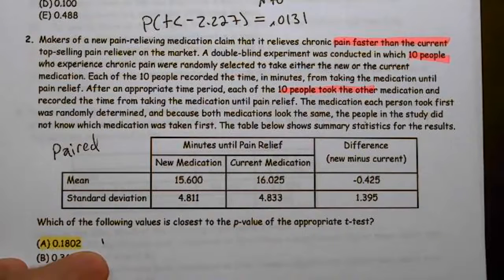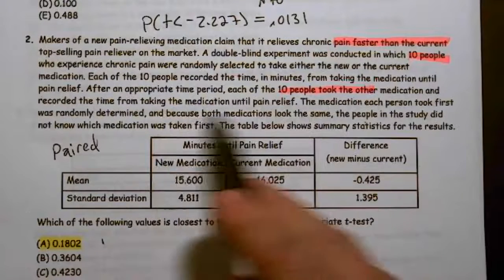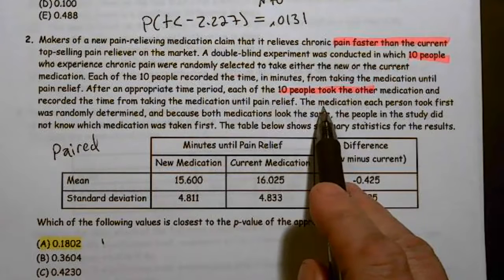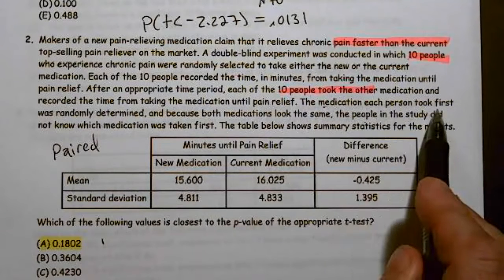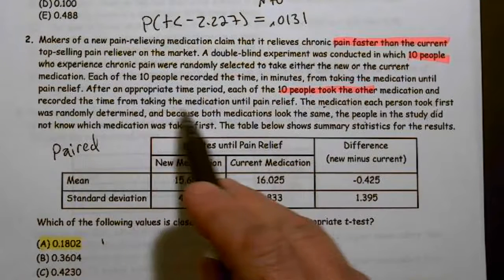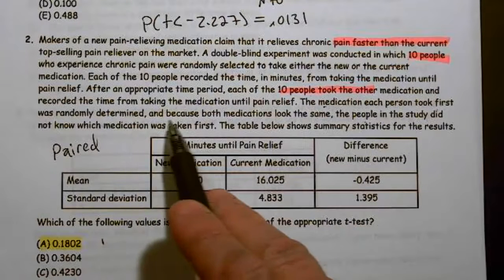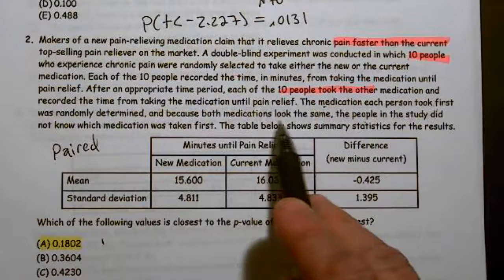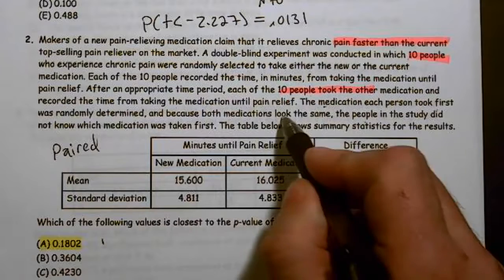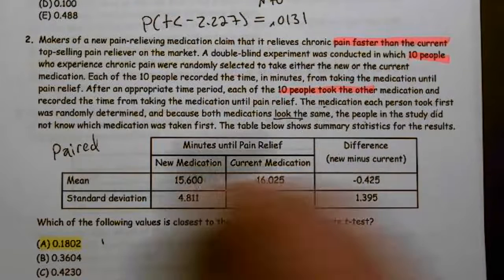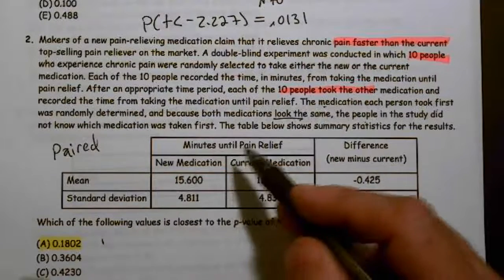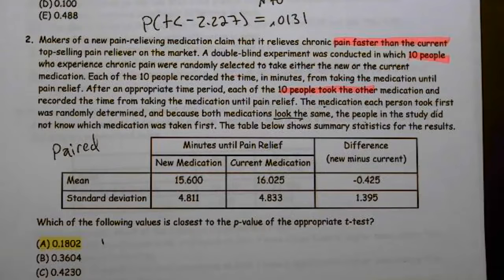The medication each person took first, recorded the time from taking the medication until pain relief, was randomly determined. And because both medications looked the same, the people in the study did not know what medication was taken first. The table shows summary statistics for each of the results.